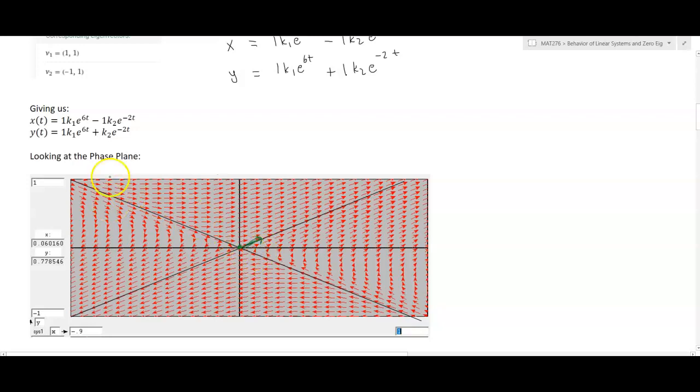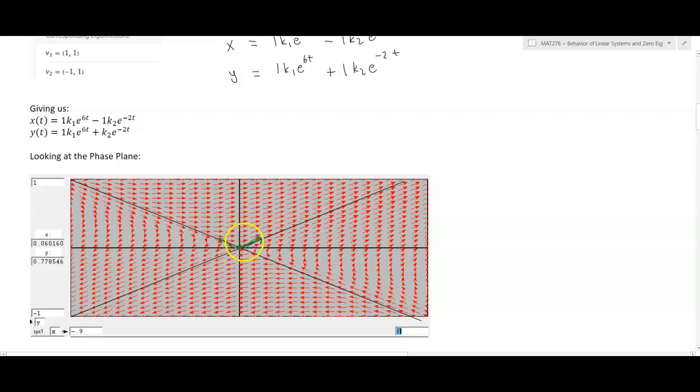And v2, which is -1, 1, so over to the left 1, up 1, that represents this vector here. Now, if you were to extend those vectors infinitely far in both directions, that eigenvector actually falls along what we call a straight line solution, and same thing with v2.